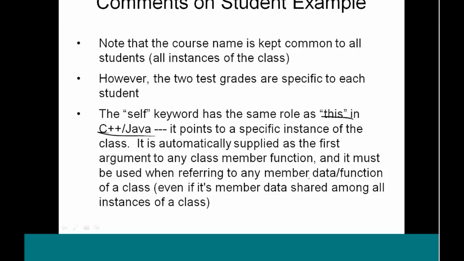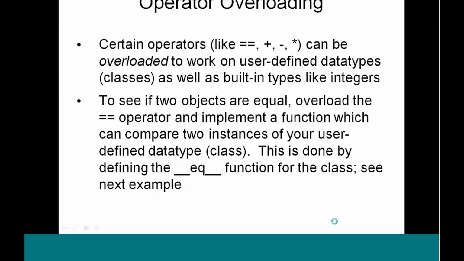It's automatically supplied as the first argument to any class member function, and it must be used when referring to any member data or function of a particular class, even if it is member data shared among all the instances of the class. Okay.